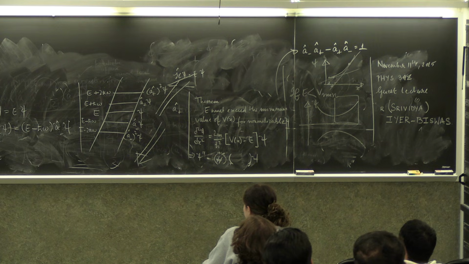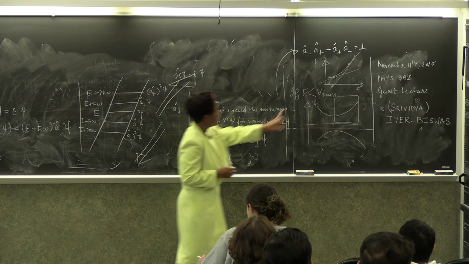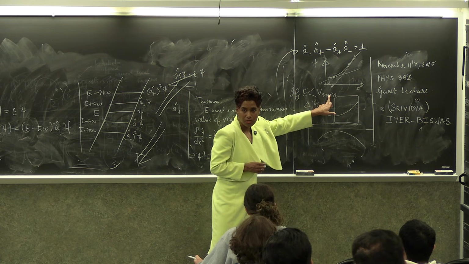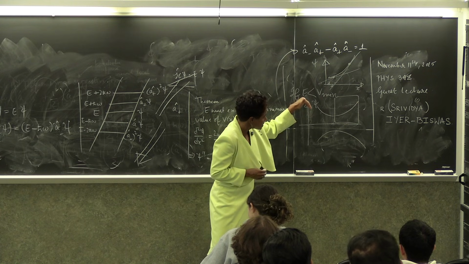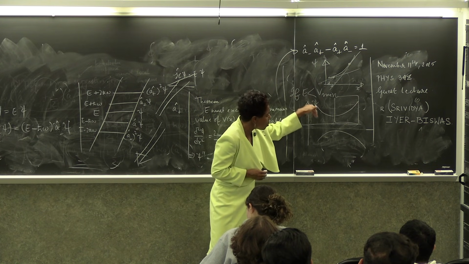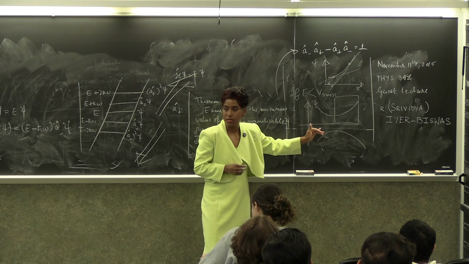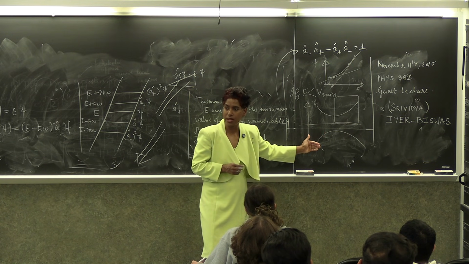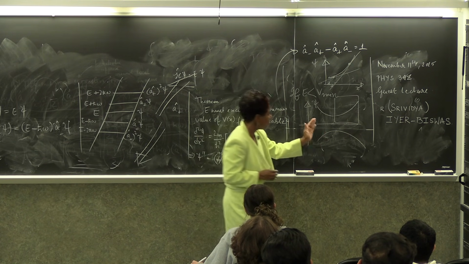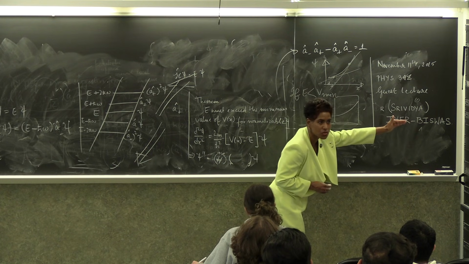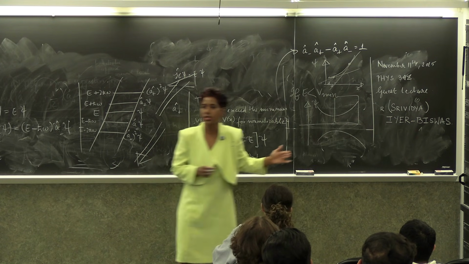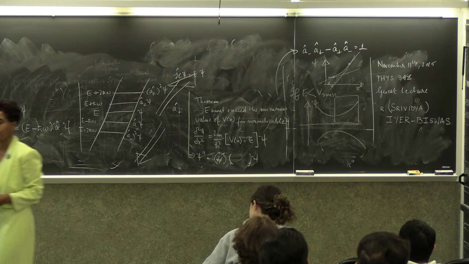So let's step back. If E is less than V min, then psi has to always curve away from the x-axis. But what's the problem with such a psi? If it never curves back down as x goes to infinity, you cannot normalize this. Right?